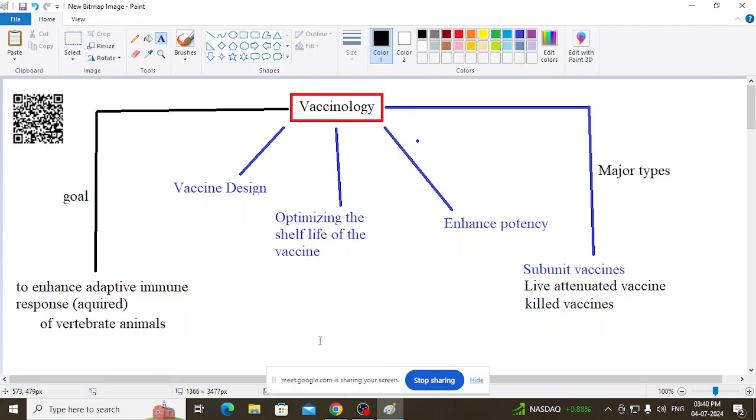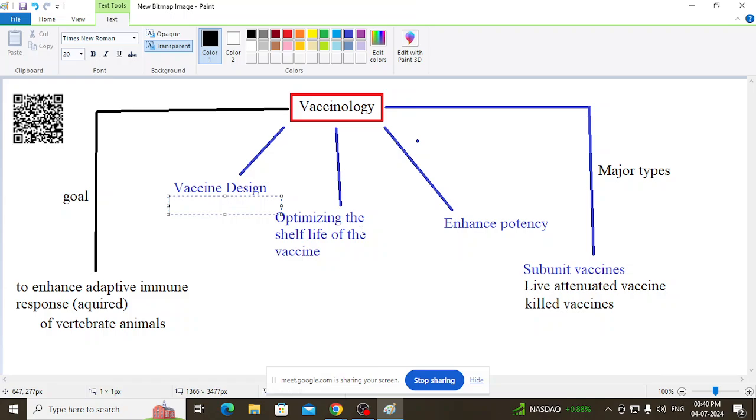The other thing is why we are talking about the design, because the design will determine the type and delivery mechanism of the vaccine.